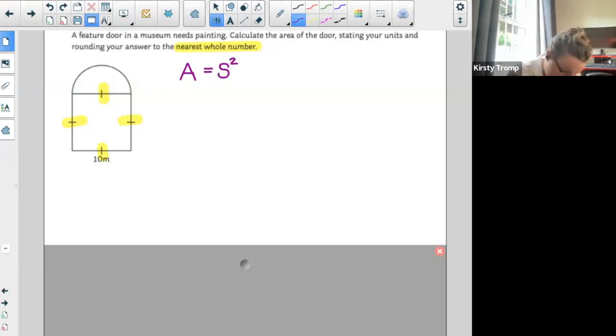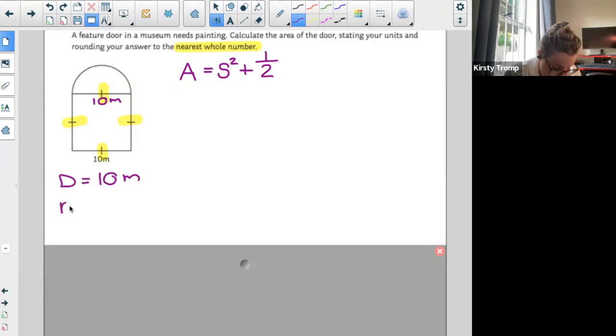That's our square. Plus, then we've got a semicircle sitting on top of that. A semicircle is half of a normal circle. But to get the area of a normal circle, I need to know what the radius is. If that's 10, then this is also 10. So the diameter of that semicircle is 10 meters, which means the radius is 5 meters.